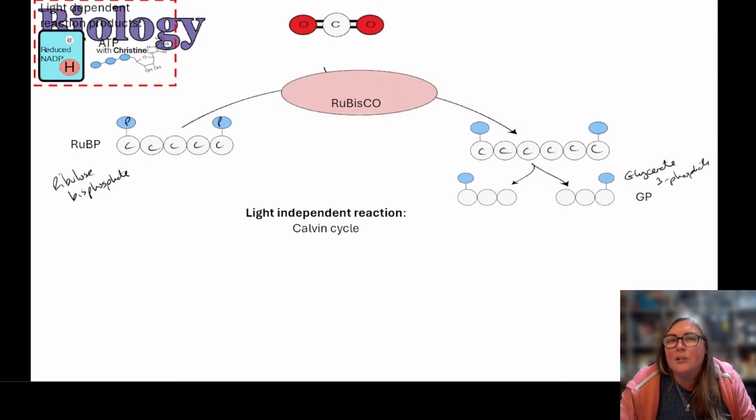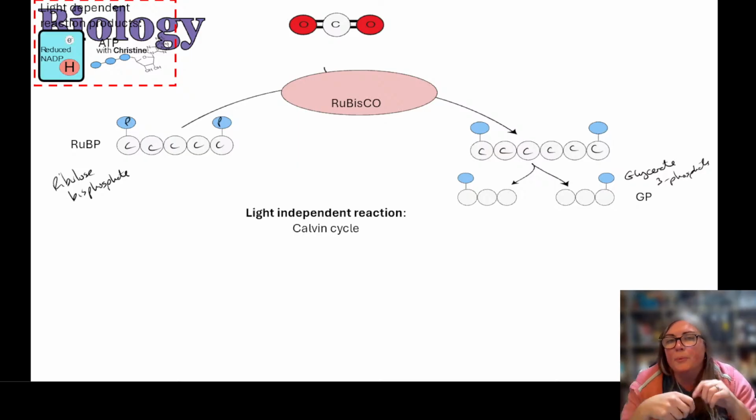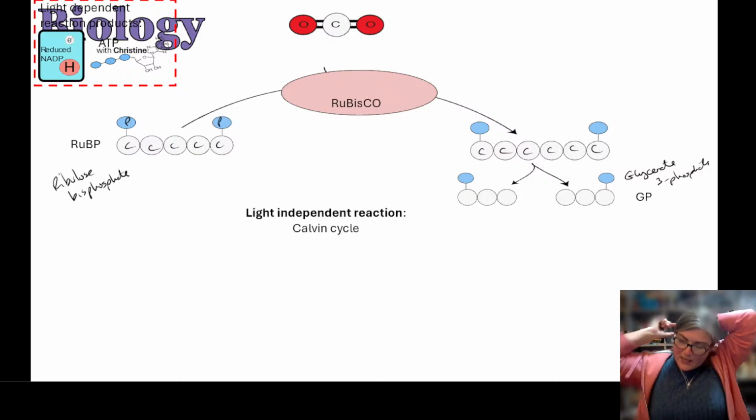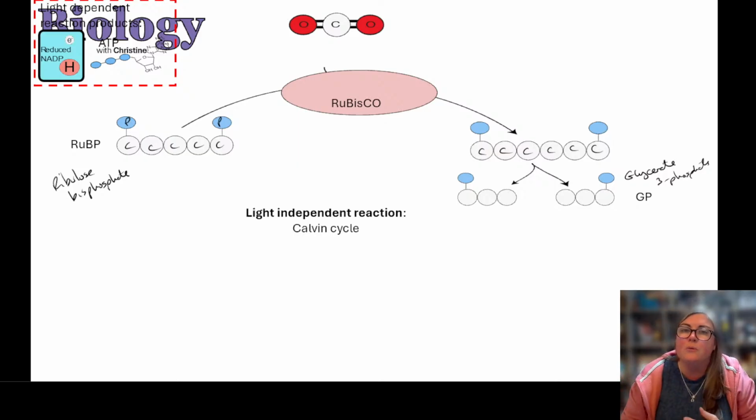If they ask a question on that, they'll give you some information, and it'll be more about understanding that oxygen is a competitive inhibitor for Rubisco against carbon dioxide, and that's why it goes the opposite way. So it would be an application question. They'd be looking for you to note that.